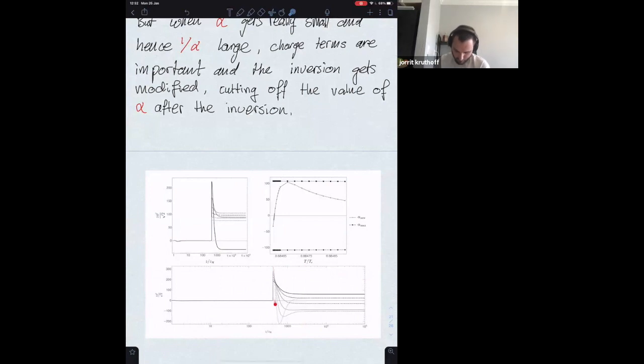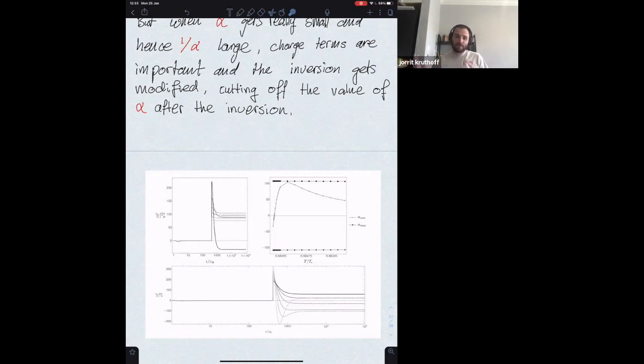Now something really interesting happens, because you see that at every inversion, the scalar field can oscillate again. That means that if PT was negative in this region where there's an inversion, then even after the inversion, the Kasner exponent PT can still be negative. I think you can see one example here, one of these curves has again a negative value for PT.